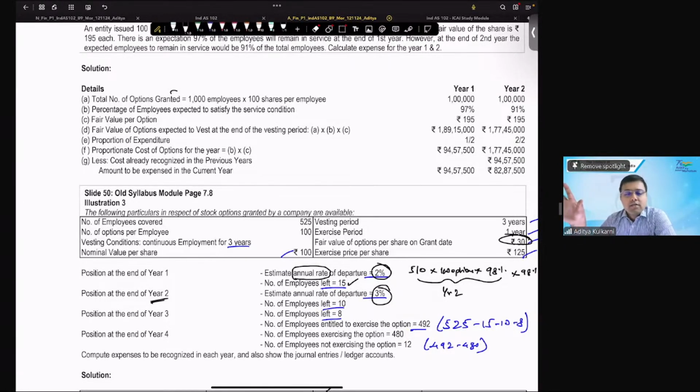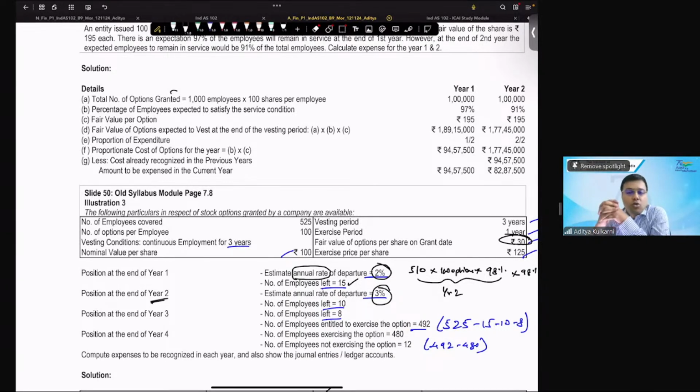Okay, so you are saying you want to do the fair value itself on a proportionate basis: 10 for the first, 20 for the second, 30 for the third. See, you can do this. In fact, this is only what is happening: 30 divided by 3 for the first year, 30 multiplied by 2 divided by 3, so each year there is a proportionate fair value movement. That's right.